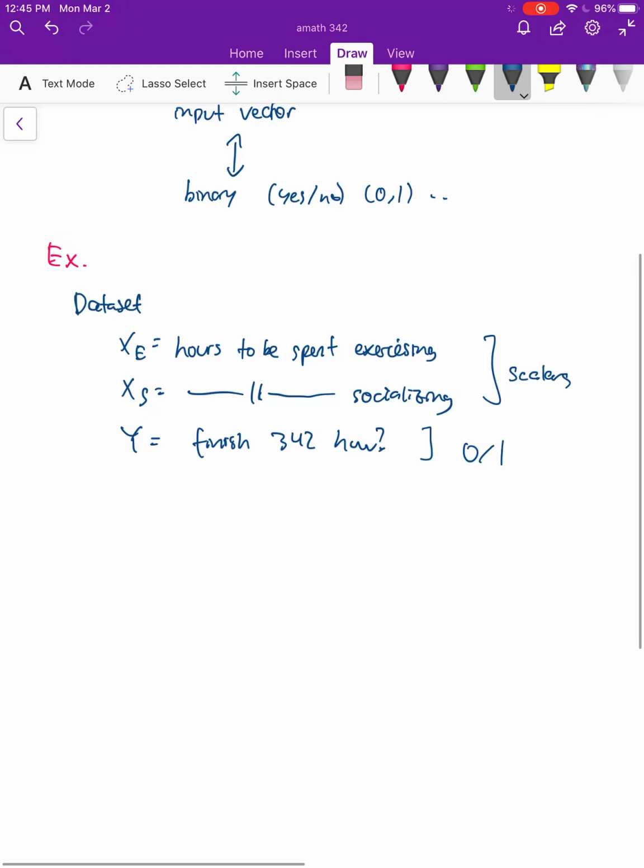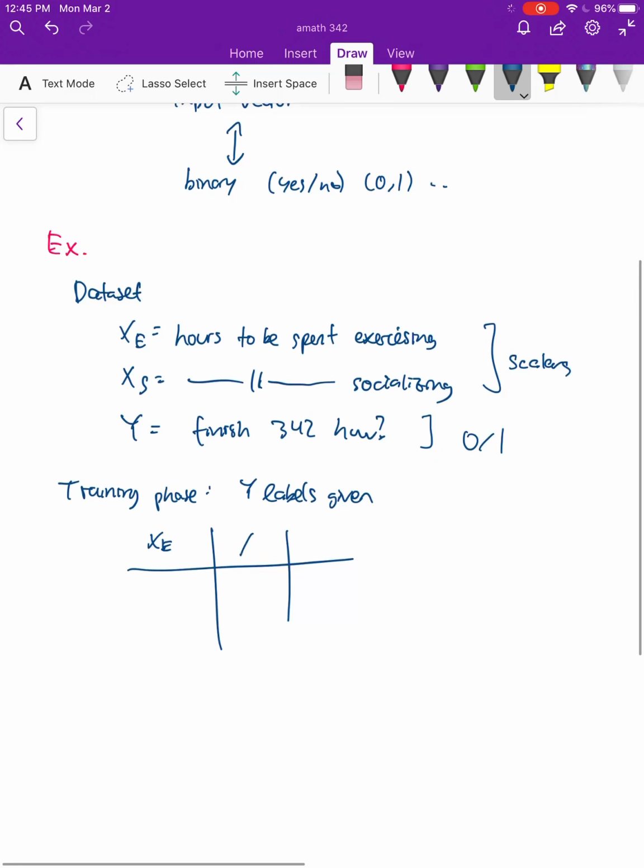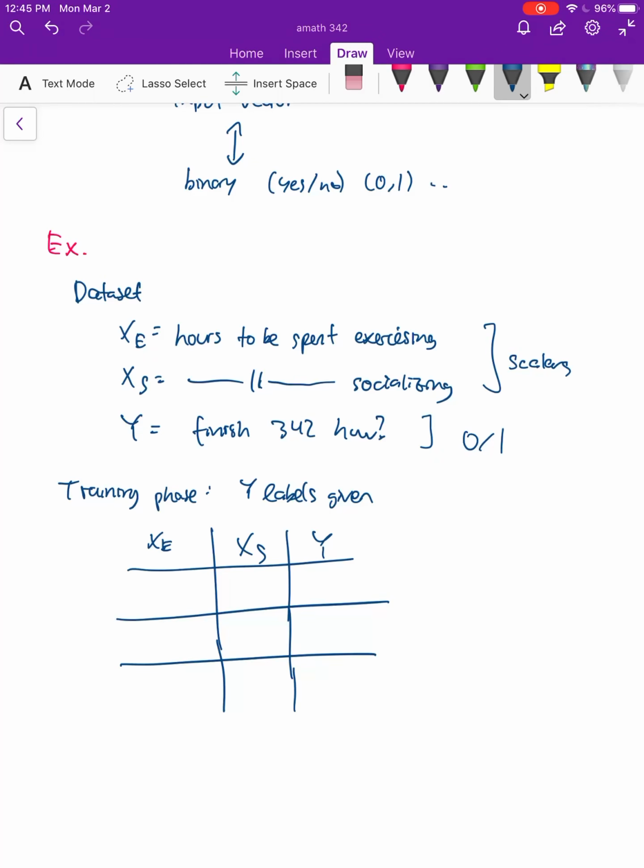Okay, so this problem is divided into two phases. Training phase, whereby your friend, being a very meticulous student, has recorded over the past few weeks his time spent and whether or not he finishes his homework.